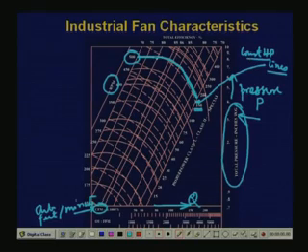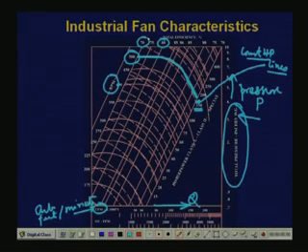If you operate along this curve, then you always spend 150 horsepower. Similarly, you have a number of such curves. You can also have constant efficiency characteristics. Say this is the 70% line, this is the 80% line, and so on.